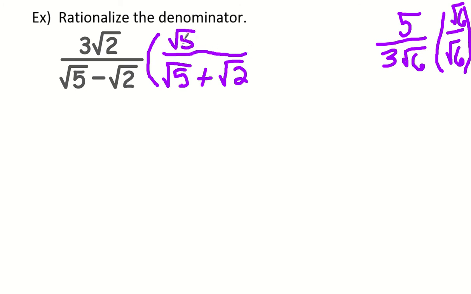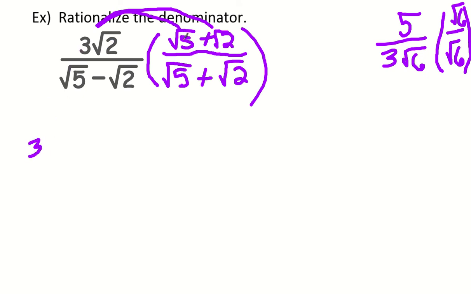And of course, whatever you multiply to the bottom, you also have to multiply to the top. All right? Now the top will be pretty straightforward. You're going to have to multiply this whole numerator times this whole numerator. That's going to involve your basic distributive property. So 3 root 2 times root 5, well, I can't really multiply the 3 to anything, so I just have the 3.